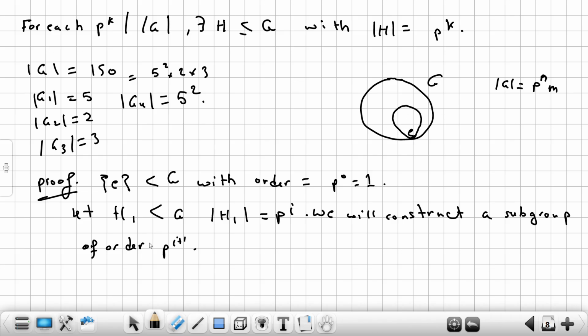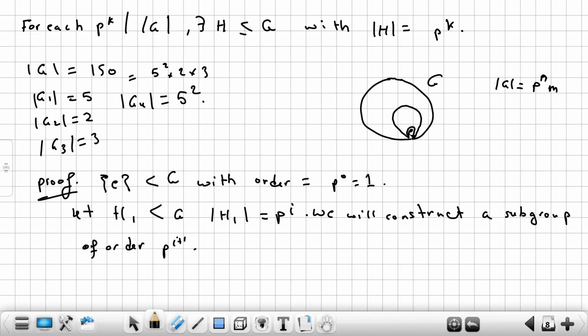Okay, so starting from a subgroup H1 with order p^i, as we said, we will construct a subgroup of order p^(i+1). Now start from this trivial subgroup.